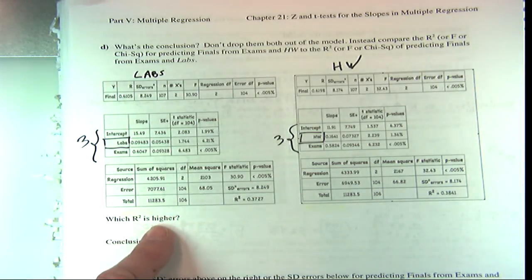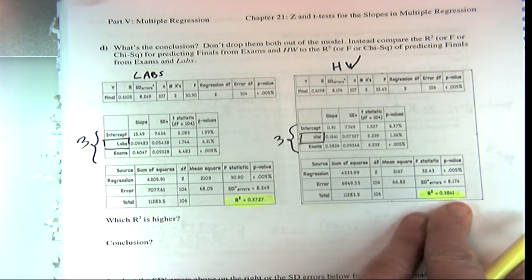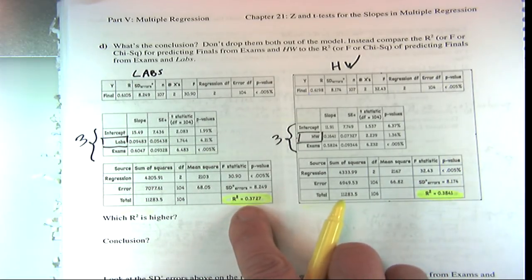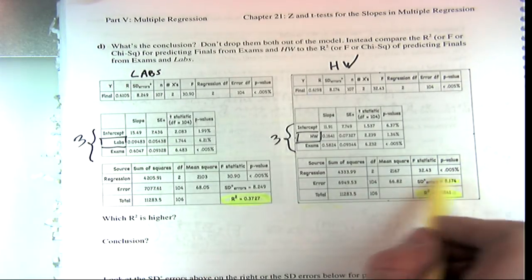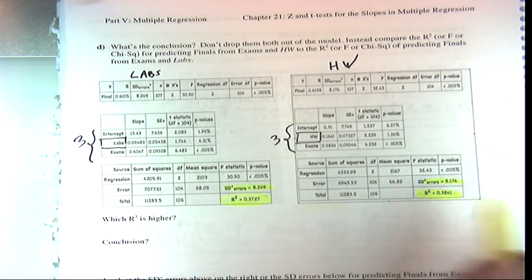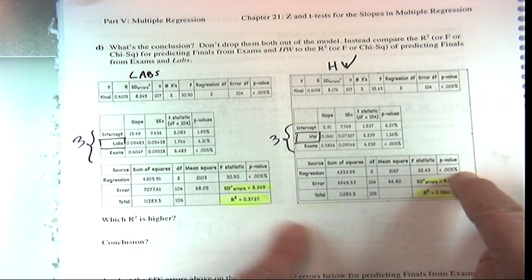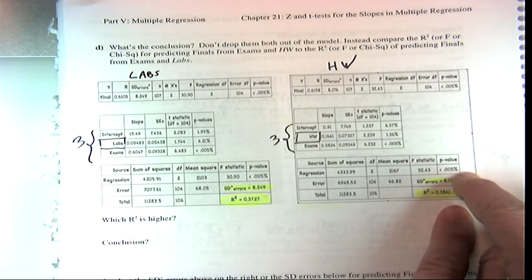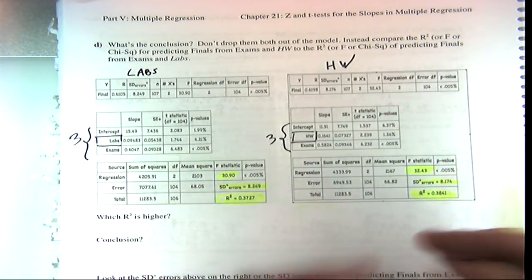All right, so let's look at it. So here we get this one, and here we get this one looks better. 0.3727 to 0.3841. Also look, we have less error here. That's going to go along with it here. Everything's going to be consistent here. This would have a smaller p-value if it went out to enough digits. The F statistic is bigger.